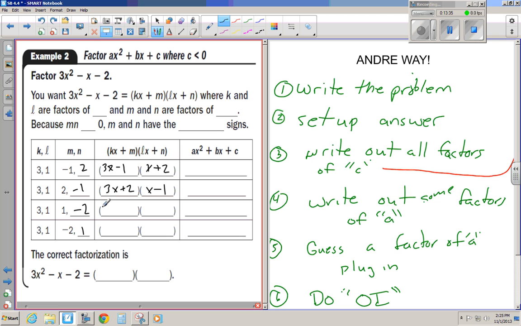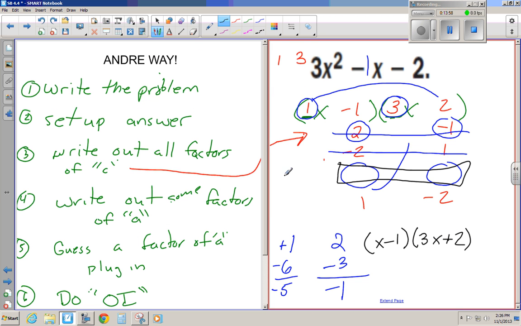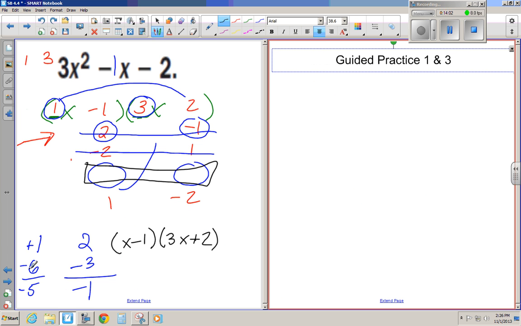You could have a 3x plus 1, 3x minus 2, or 3x minus 2, 3x plus 1. And then you have to FOIL all of these, right? So I'm trying to avoid doing too much work here. I'd have to do all of this, and that would take a long time. If you set up the problem this way, I personally think it uses a little less room. So let's try my way a few more times.